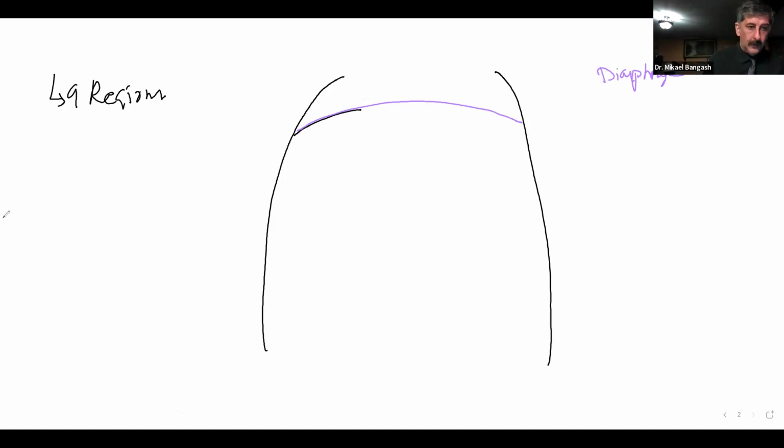Now to divide our abdominopelvic cavity into 9 regions, what we'll need to do is there are going to be 2 sagittal lines.